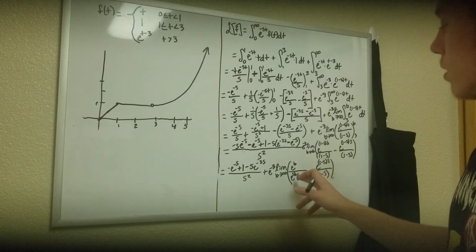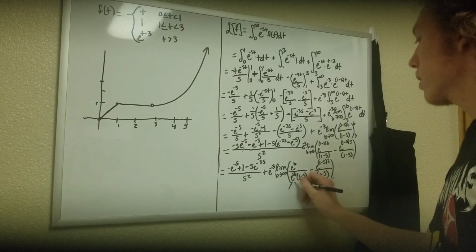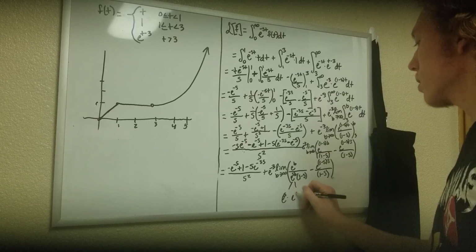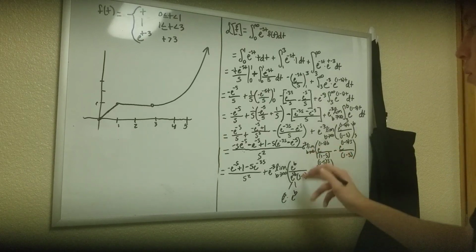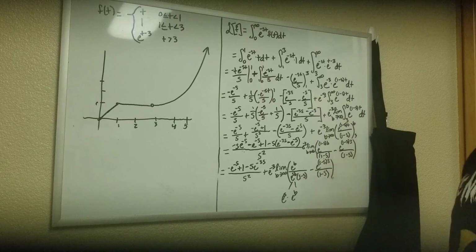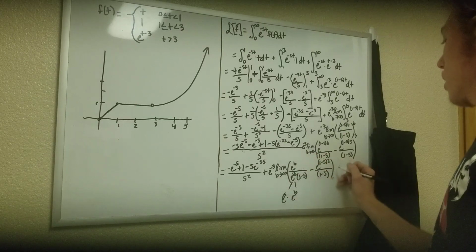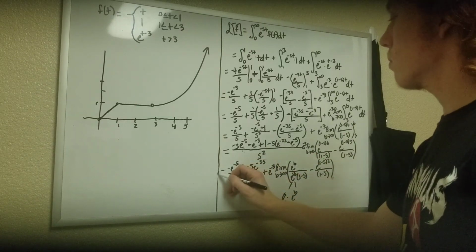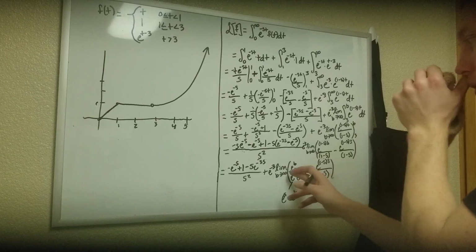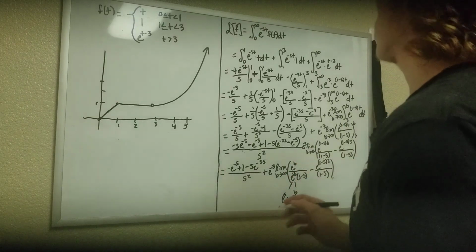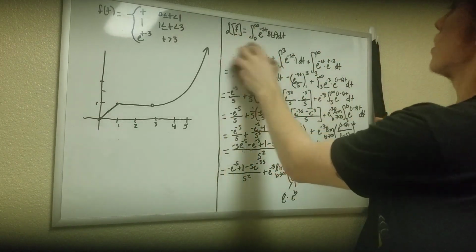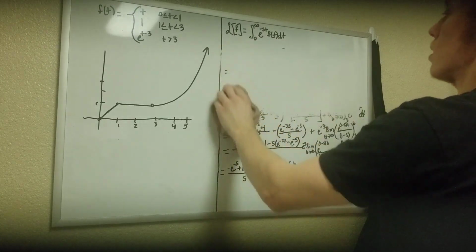However, e to the sb can be separated into e to the s times e to the b, at which point e to the b over e to the b can be brought out, and it just reduces to 1. So this whole limit ends up becoming inconsequential in the end for that infinity. So I'm going to erase some stuff up here so we can write out our answer.